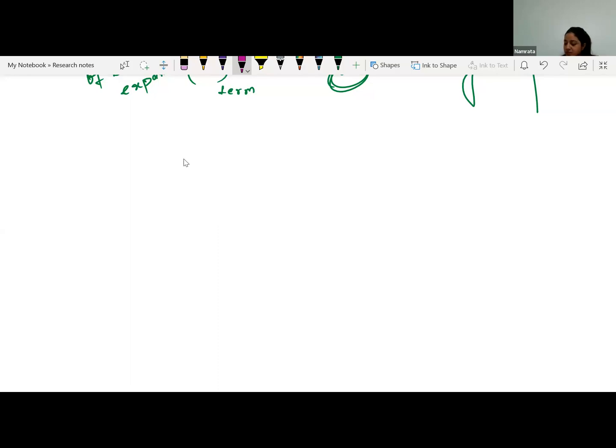Okay, so I'm saying, to find the middle term, if you recall the concept we used for finding the median, when one, two, three people were there, we used to say that the middle term will be this one, right?